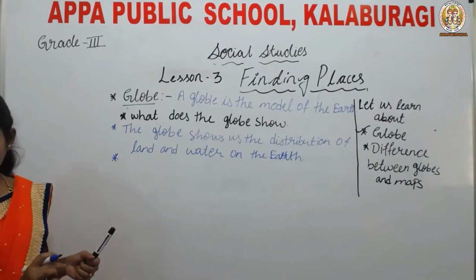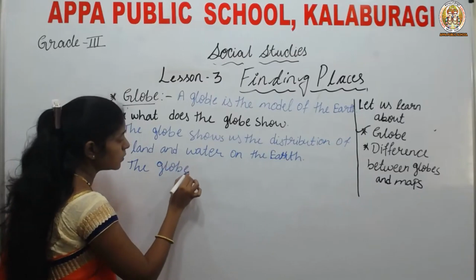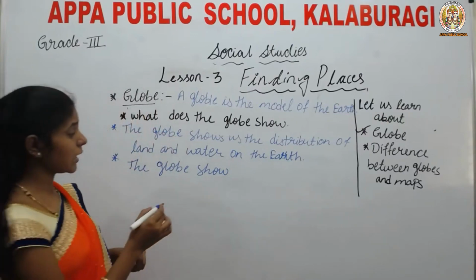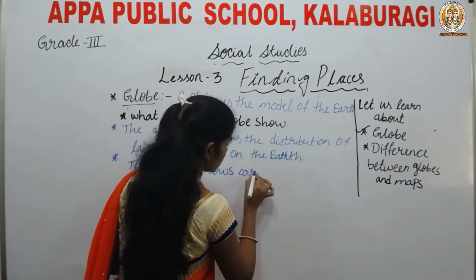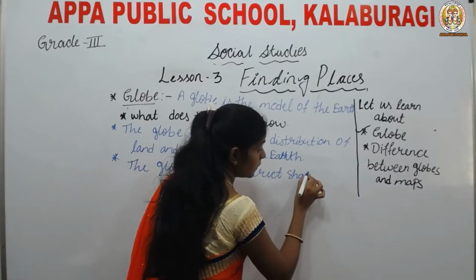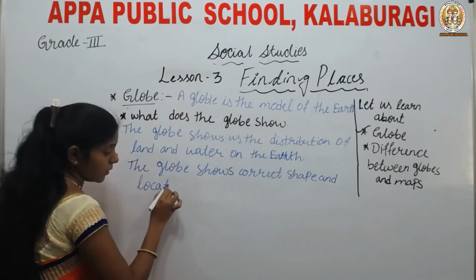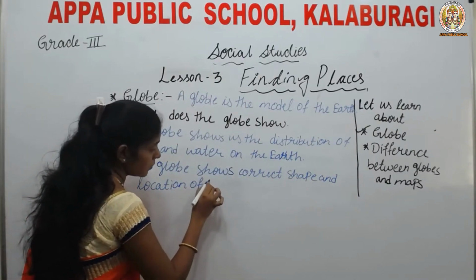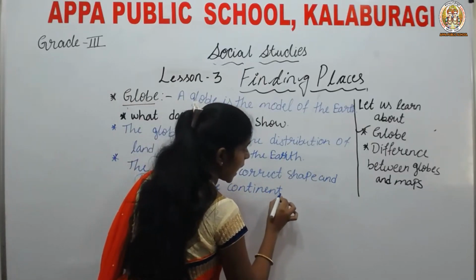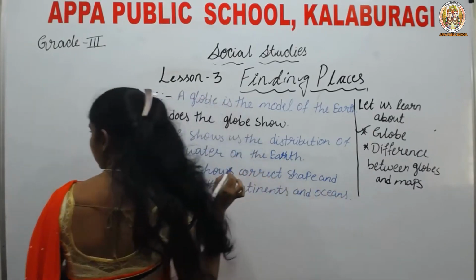Next, the globe shows the correct shape and location of the continents and oceans.